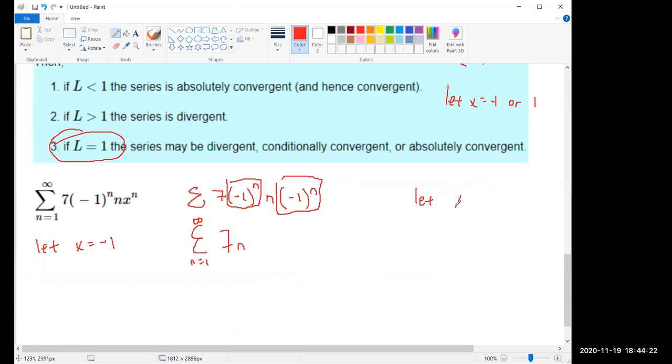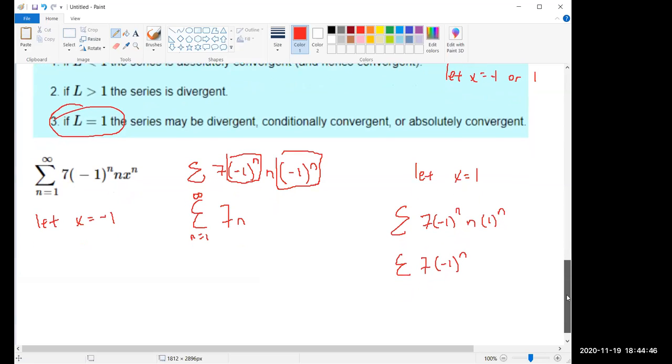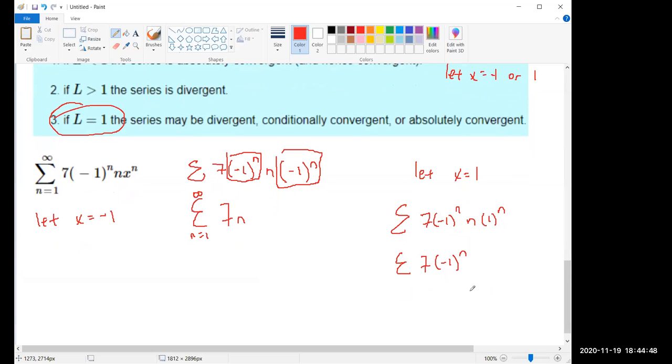So letting x equal 1, we're going to get the following series. We're going to get 7 to the -1 to the nth power times n to the 1 to the nth power. 1 to the nth power is nothing. So this is just 7 times -1 to the n. Is this convergent or divergent?